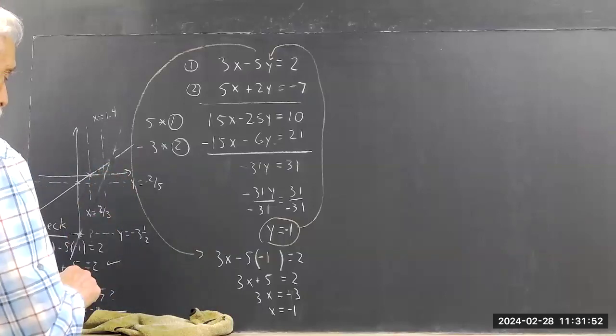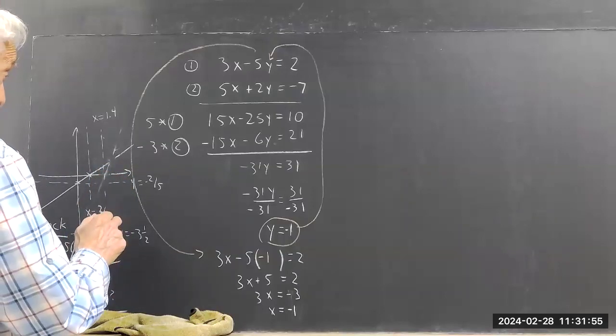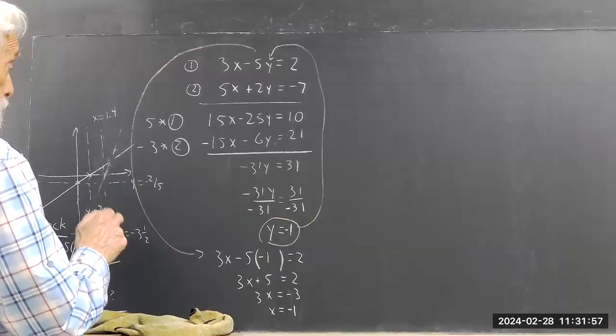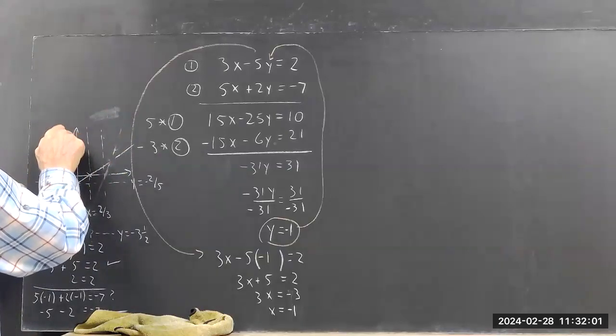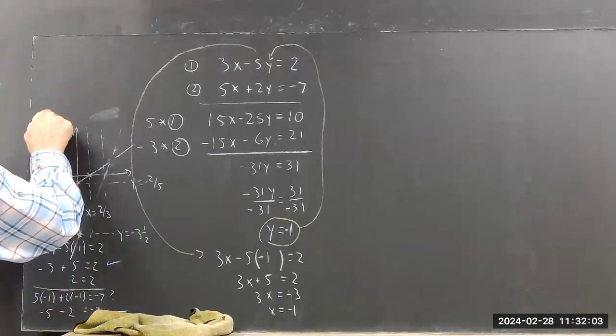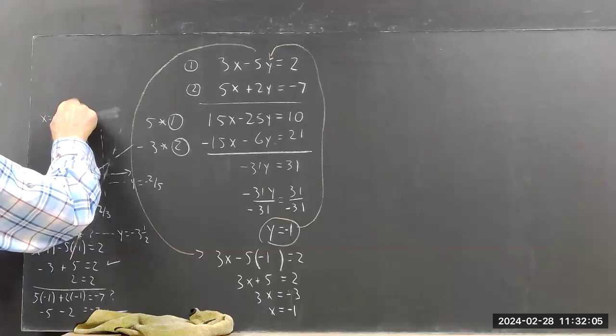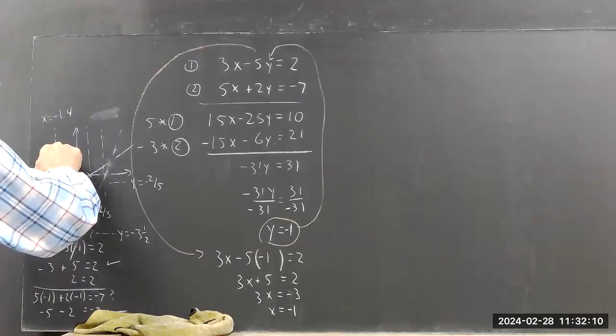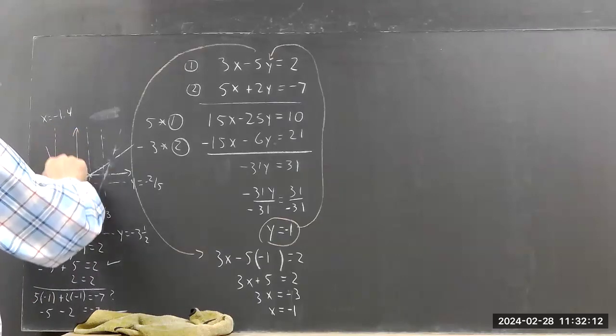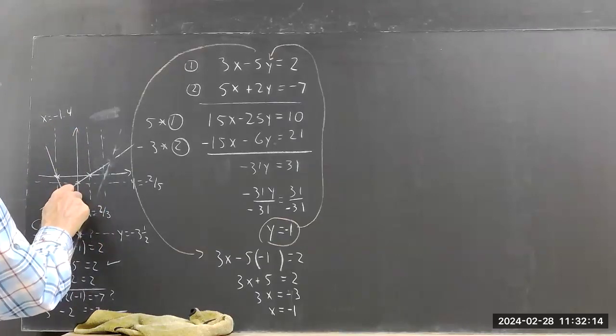Okay. Now we want x equals negative 1.4, which is going to give us a point here. And then we sketch a line through the points.